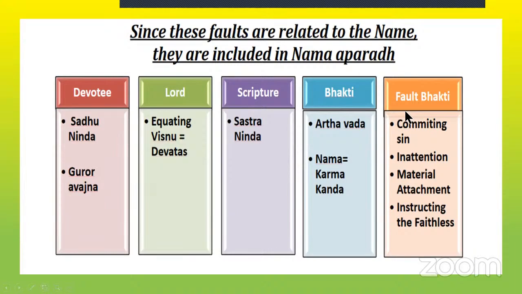Now we have come for this faulty bhakti, committing sin. That also yesterday we finished. Today we are going to again see that as a revise. And then inattention we have to finish, and material attachment, instructing the faithless person. All this we have to go for now.